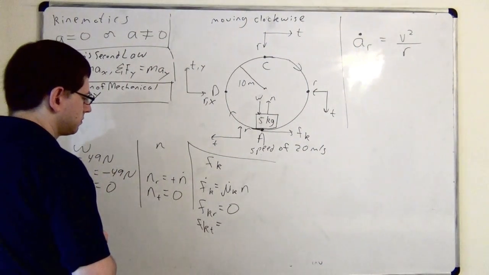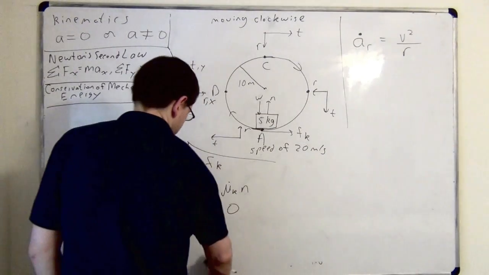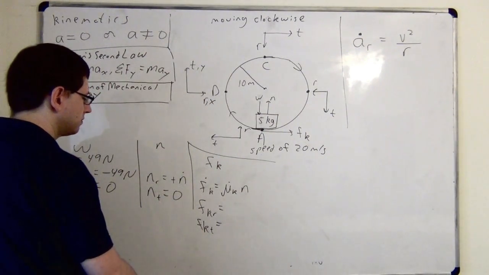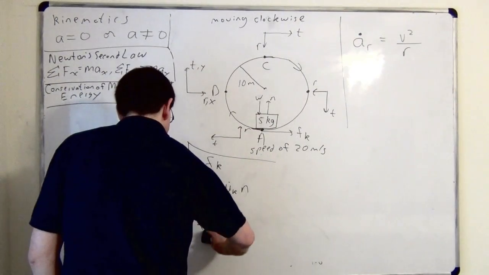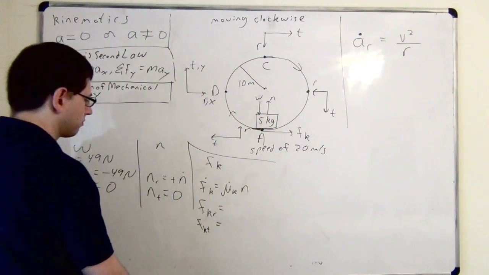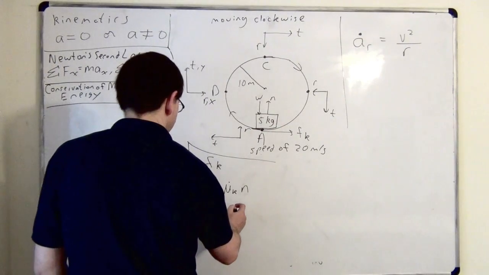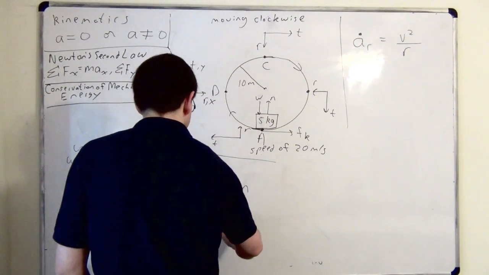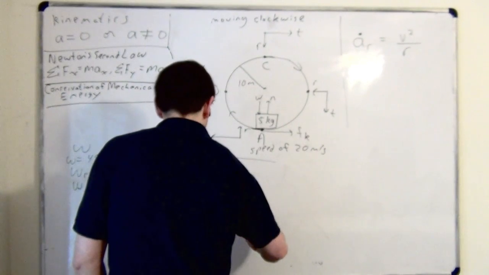No, it's not 0. It is negative. Oh, it's 0 because tangential is... So what's this? 0. And what's this? Negative mu k n.